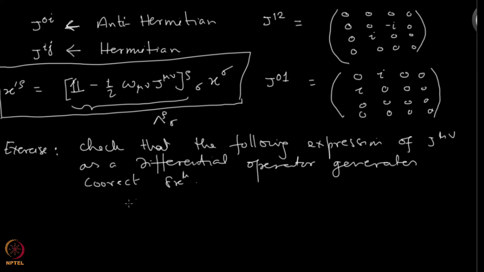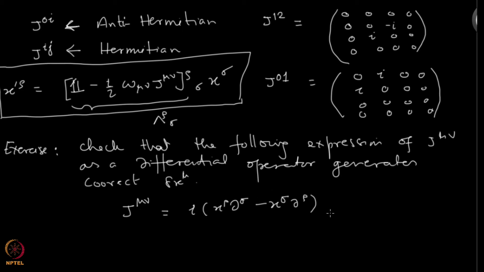So, check that if you take J mu nu, the generator, not in this matrix form, but in this form, i (x rho del sigma minus x sigma del rho), and plug in here, then this produces the correct transformation which you expect. So, that you should be able to verify.